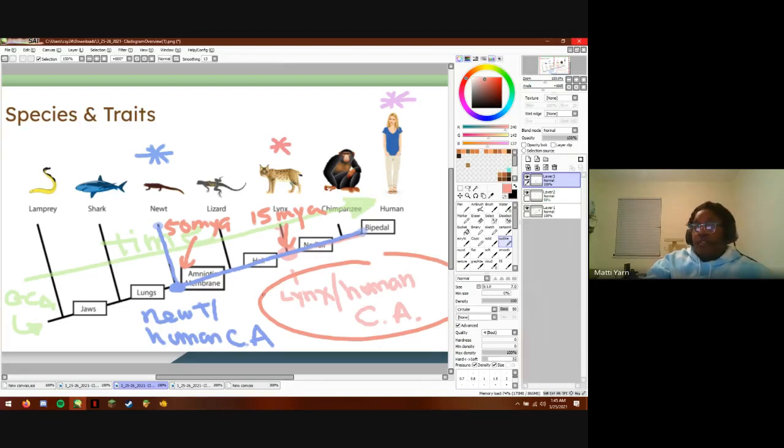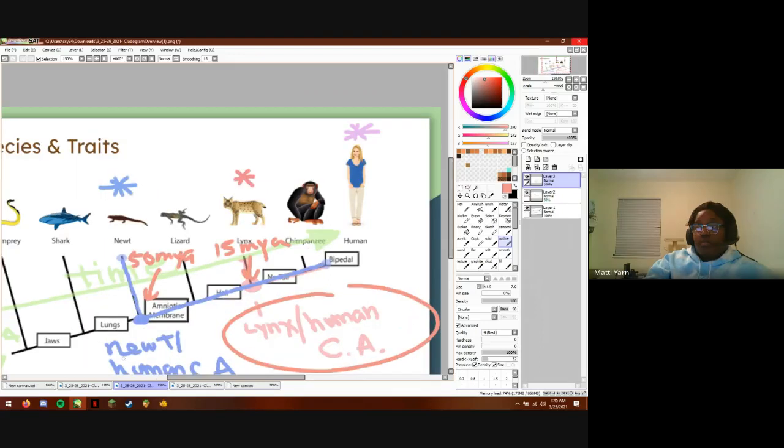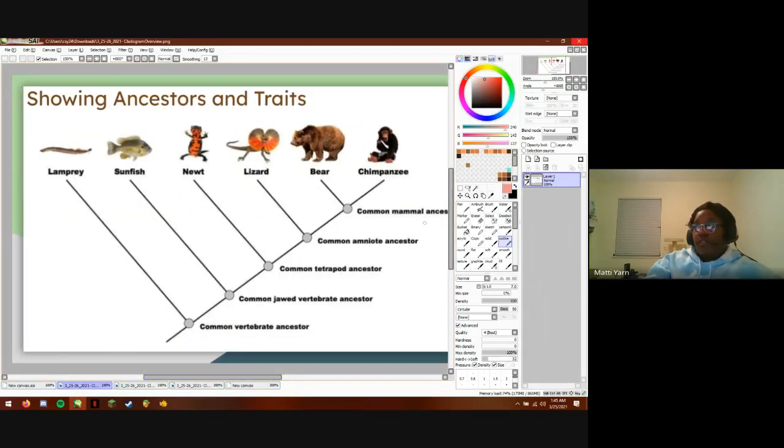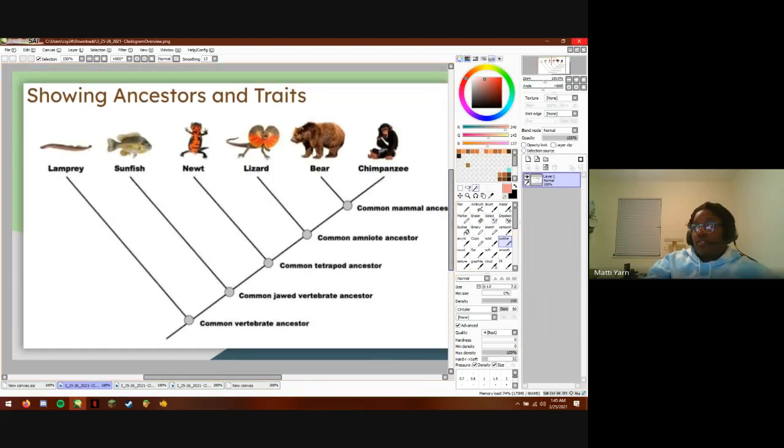Even if there are two of them next to each other, and I'm like, oh, I'm not sure. Even if we're like, okay, who's more related, the newt and the sunfish, or the newt and the lizard?